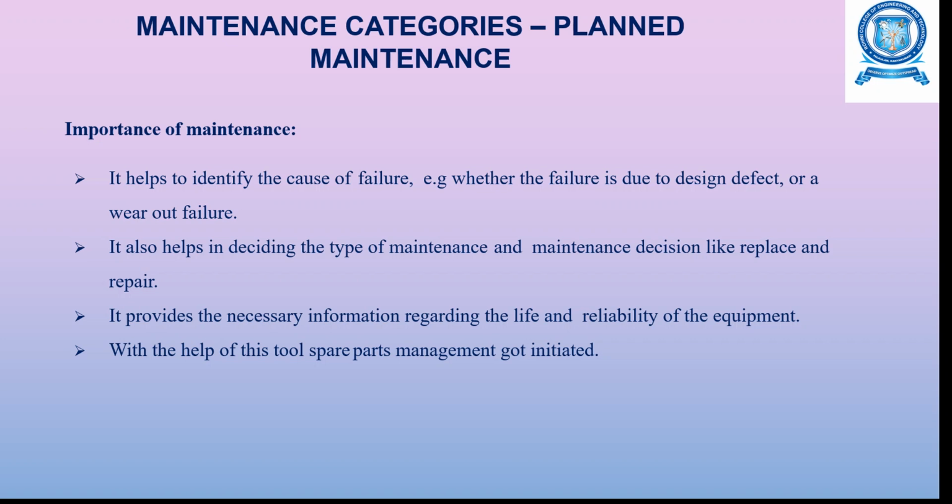So it also helps in deciding what type of maintenance decisions have to be taken, like replacement and repair activities. And it also provides necessary information regarding the life and reliability of the equipment. Also, it helps spare parts management get initiated.